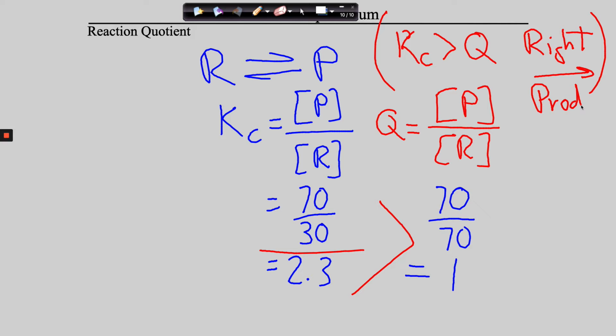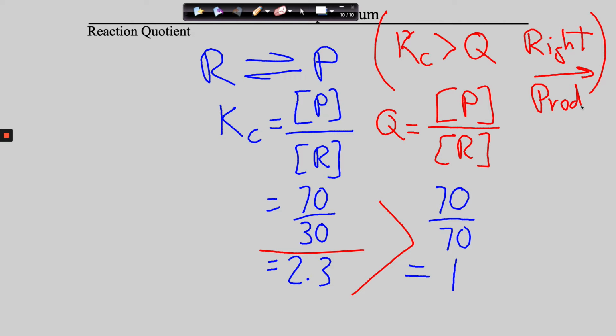Now guys, let's model the other example. I'm going to put this back at equilibrium. So reactants are 30. Products are 70. So this is back to equilibrium. Now guys, let's do this. Let's pull out some product.